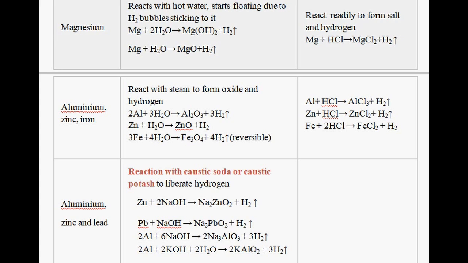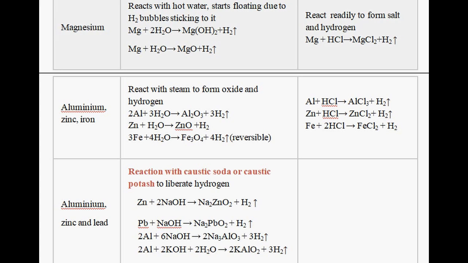Magnesium is the only metal which reacts with hot water and forms magnesium hydroxide, liberating hydrogen, but the reaction stops after some time. Magnesium also combines with steam to form magnesium oxide, liberating hydrogen. Magnesium readily reacts with acids to form salt, liberating hydrogen.